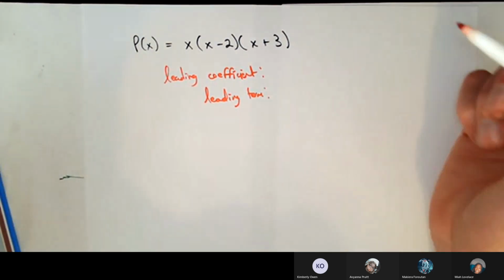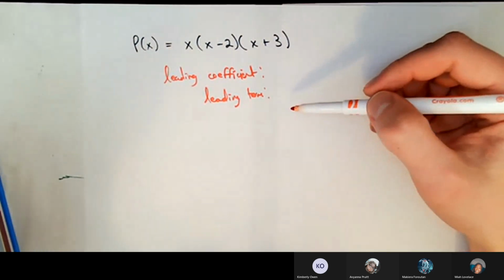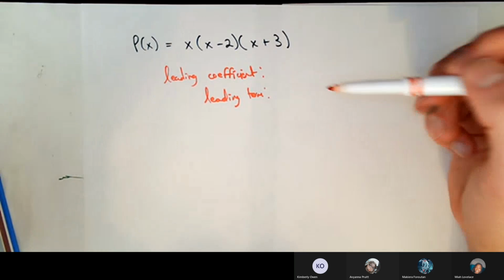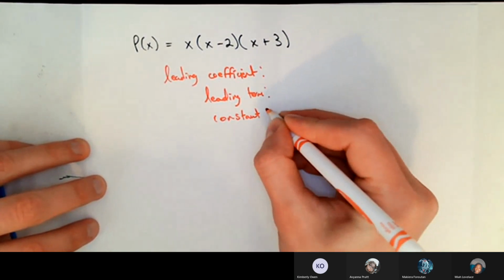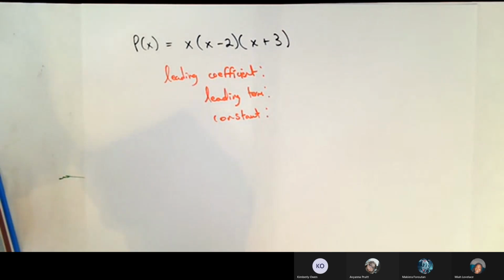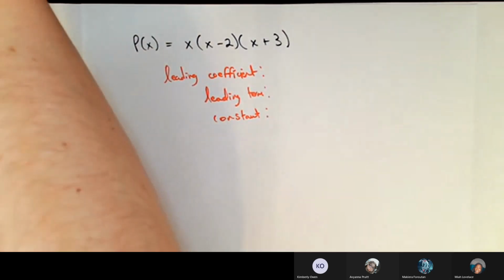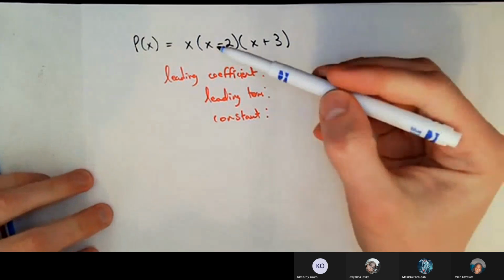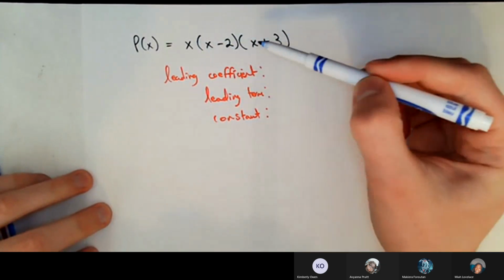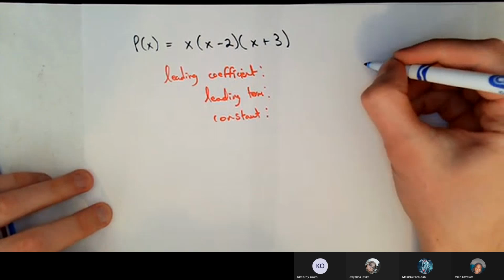How about I find the leading term first? Because if we know the leading term, then we can just pull its coefficient off. That'll be the leading coefficient. And I'll also find the constant. Well, the leading term is going to come from multiplying all of the x terms together.